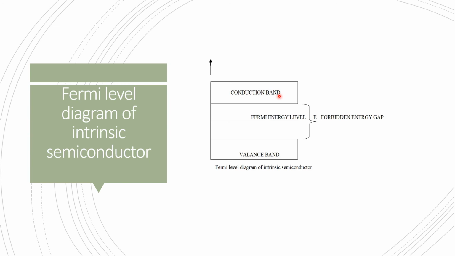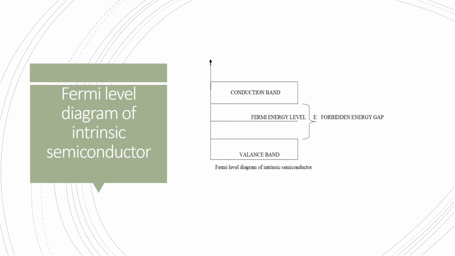As we have seen, an intrinsic semiconductor behaves as an insulator at 0 degree temperature. Therefore, there are no free electrons, but at room temperature, conductivity increases due to the electron-hole pairs produced.